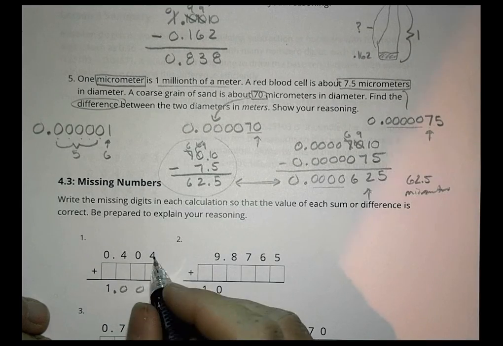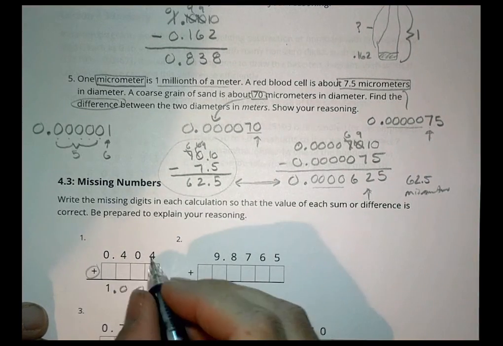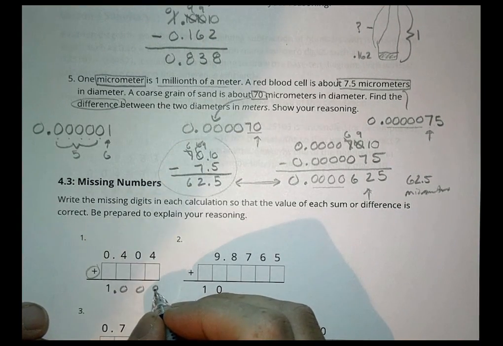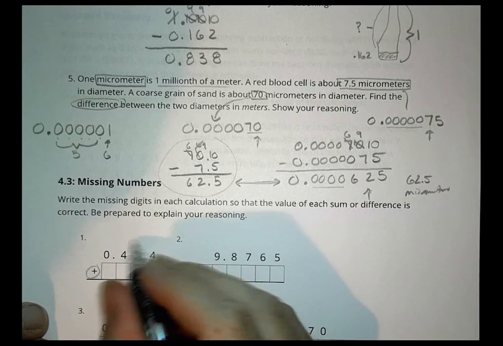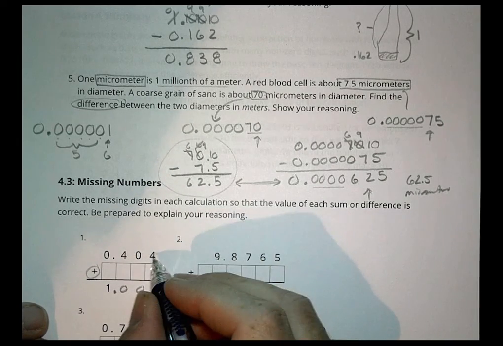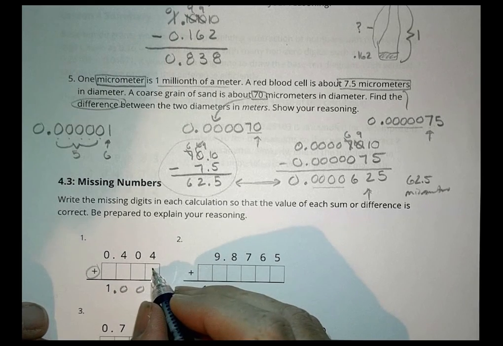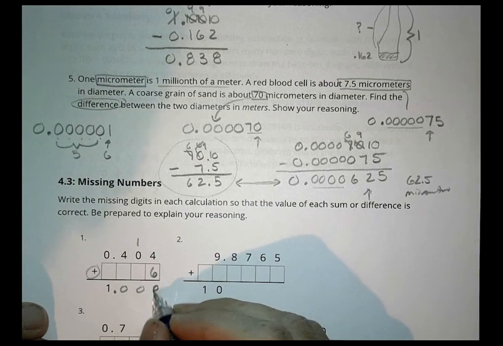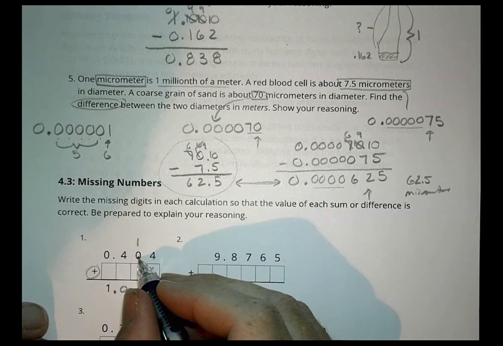So we have to think about 4 plus what number can get you a 0. Okay, we're obviously going to be getting something we're going to carry. We're going to carry it over. So I think about 4 plus 6 is 10. So that becomes 1, 0, 10, like that. So I have 1. 1 plus 0 plus what can give me 10?